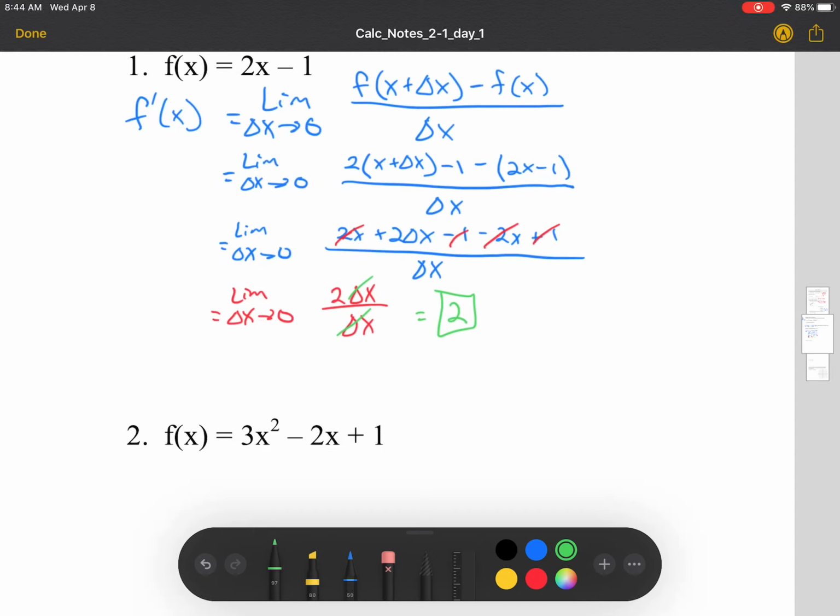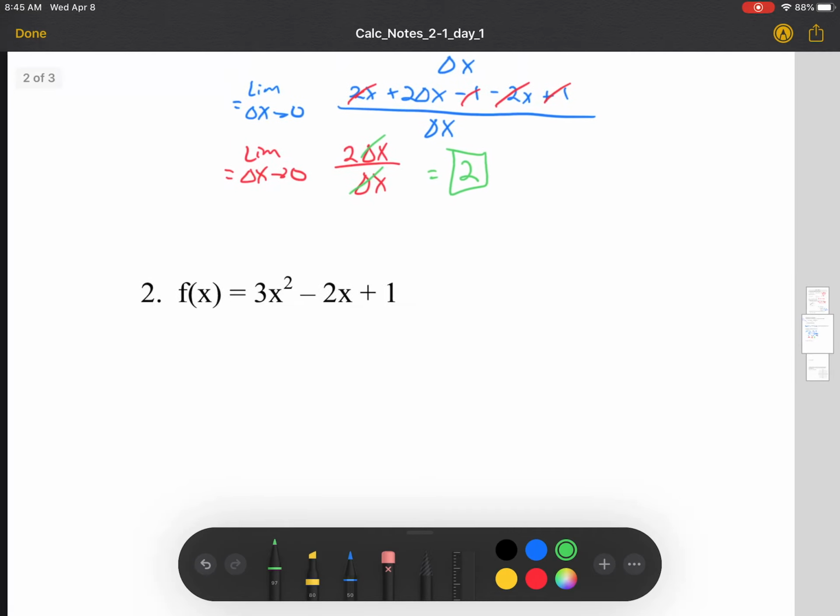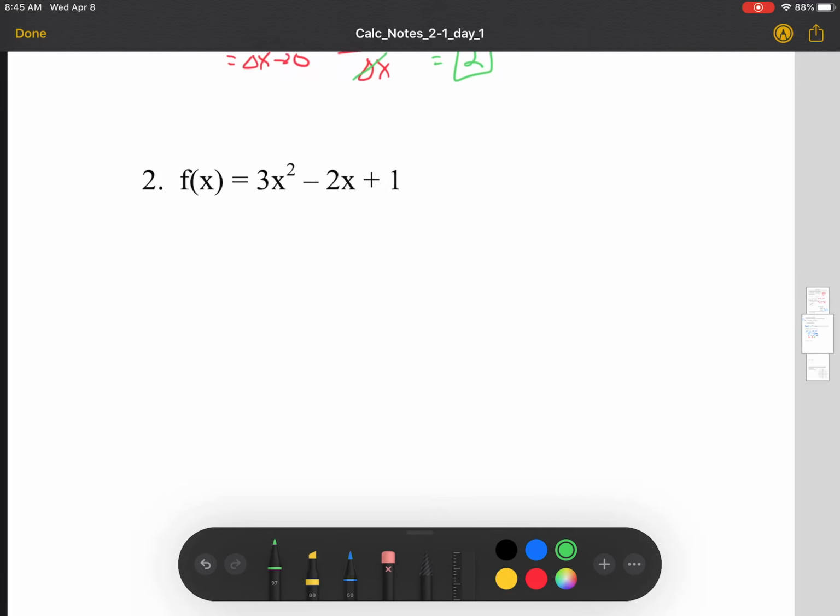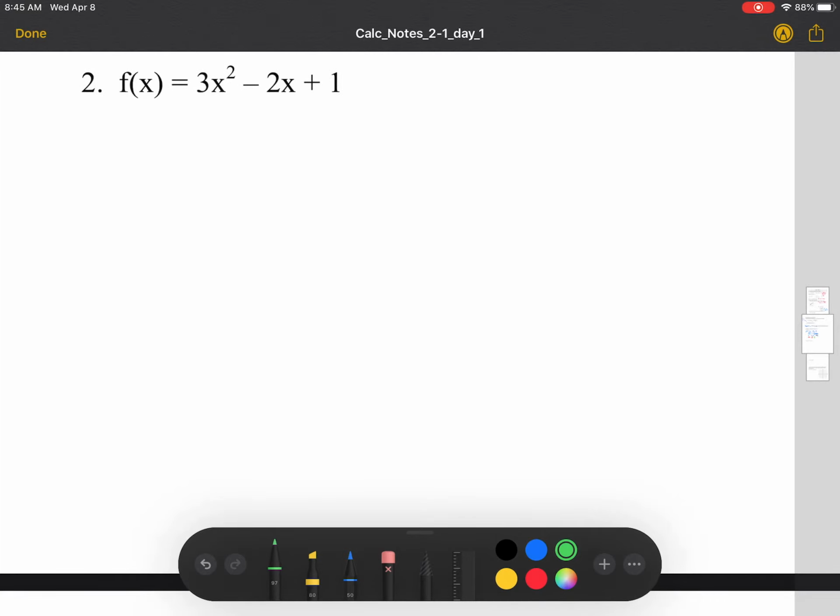So again, when you take the limit of a single number, you just get that number itself. All right, not too hard. So a lot of that stuff we were doing with the difference quotient before, those proofs and everything, that's how you do these types of problems when you're doing it with limits. Okay, and I will tell you that as we go through this section, we will learn more and more shortcuts. Calculus doesn't look like this all the way through, but this is how we're building.